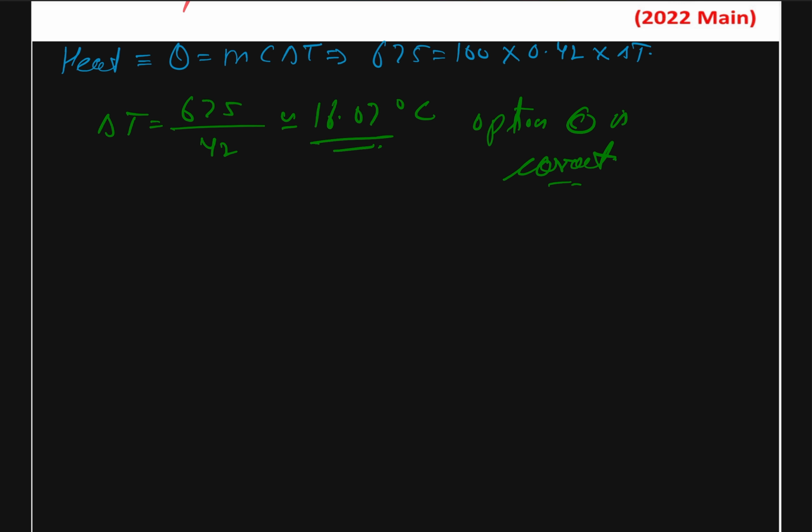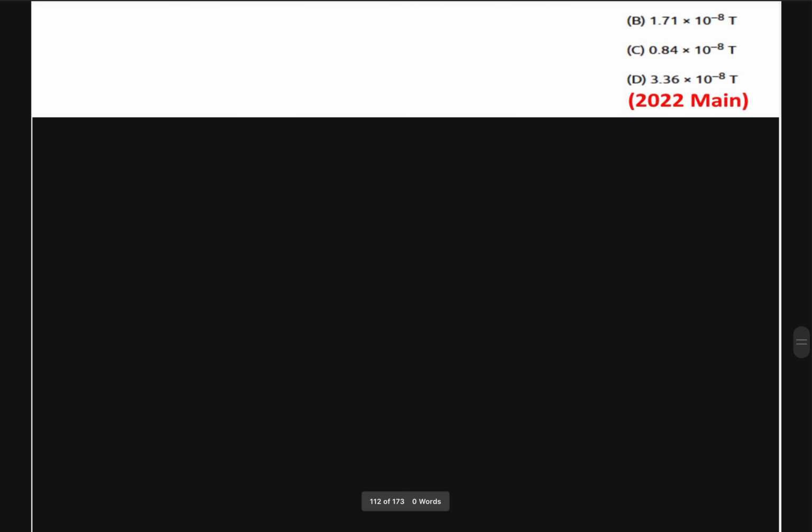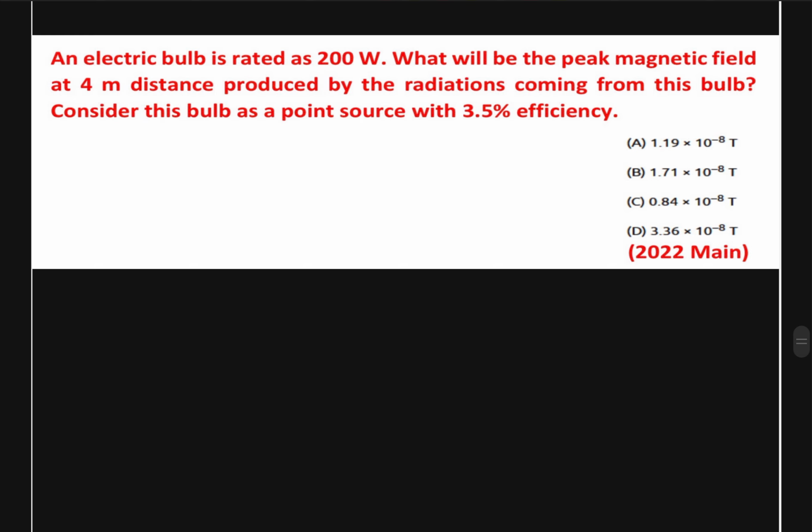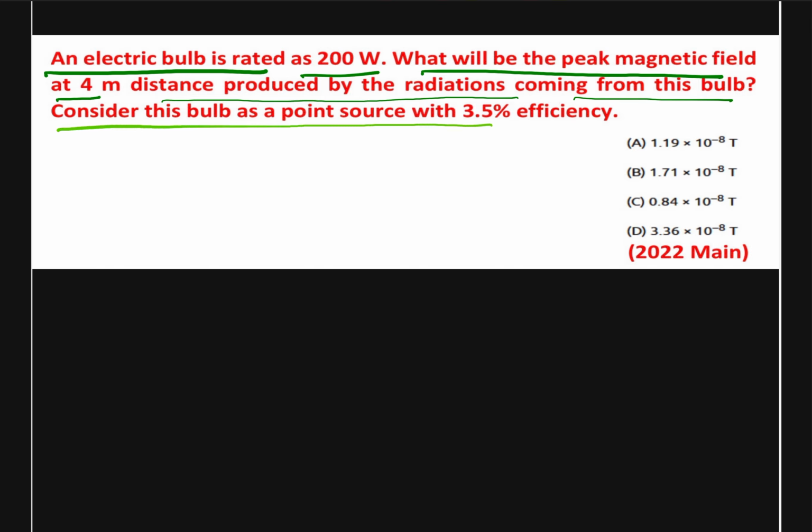Next question. It states that an electric bulb is rated at 200 watt. What will be the peak magnetic field at a 4 meter distance produced by radiations coming from this bulb, considering this bulb as a point source with 3.5% efficiency?